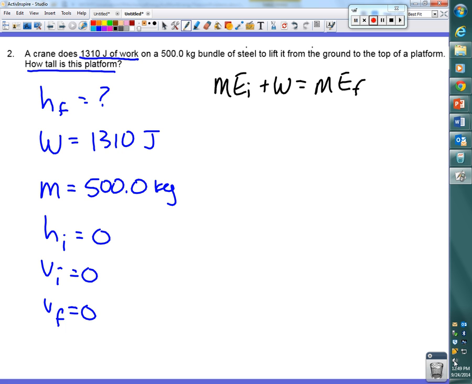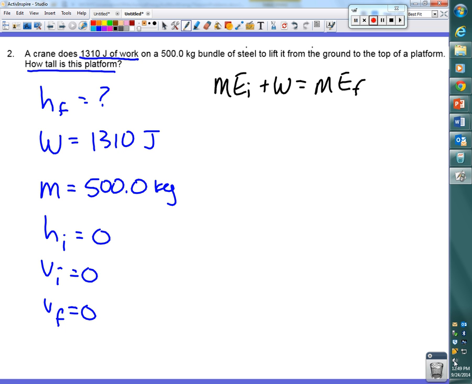That looks like this. Okay? All right, so we have to use this formula this time because there's a force other than gravity that's affecting the steel.